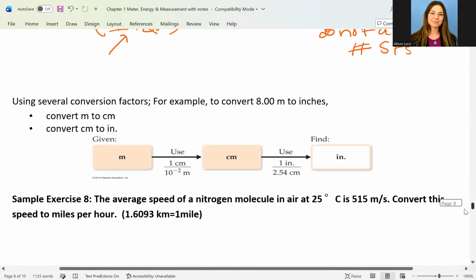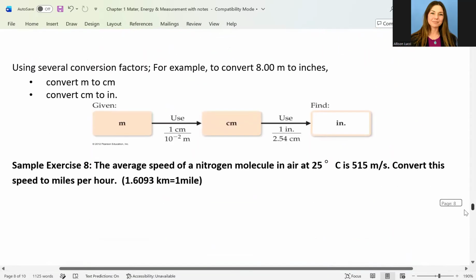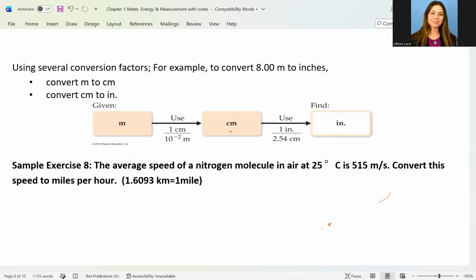So let's take a look here at this next sample exercise, and we're going to convert here using another set of conversion factors. So we have our given value here of 515 meters per second. That is for the average speed of nitrogen molecules.